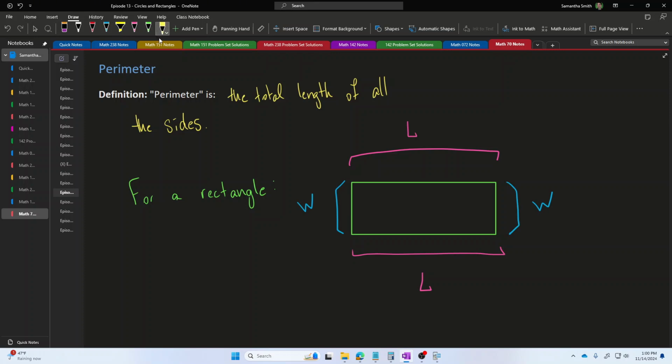If I wanted to find the perimeter of an object like this one, all I would have to do is go around the rectangle and add together the length of all four of the sides. W plus L plus W plus L, this expression would represent the steps I would have to take to calculate the perimeter of any given rectangle.